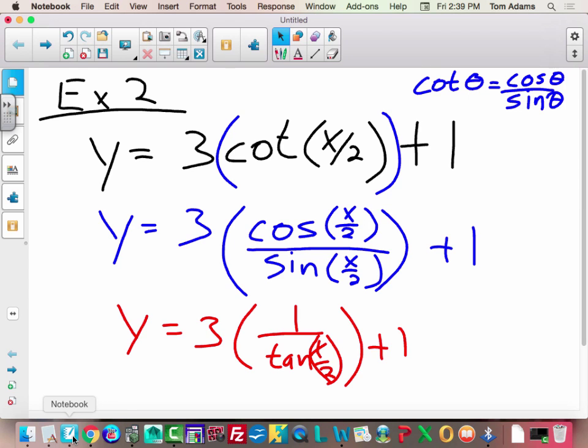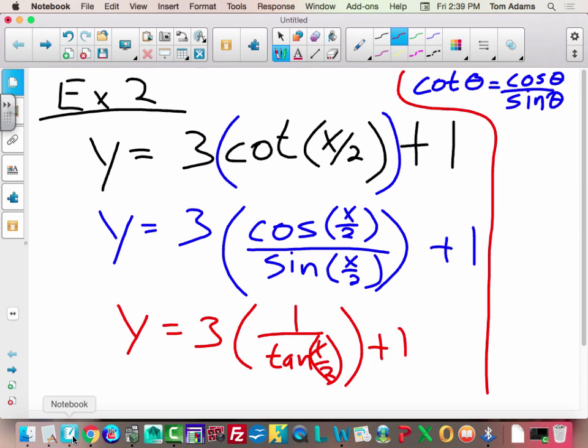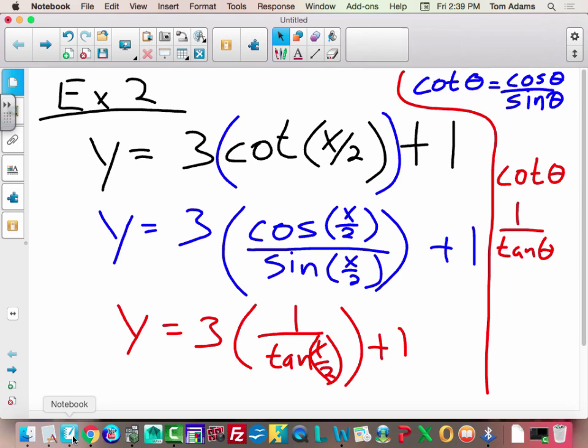But that's tangent of x over 2. Right? Because cotangent is also equal to 1 over tangent of theta. Those two equal the same thing. Right? Does that make sense? Sure. All right. So I'm going to graph both of them to see what they look like.